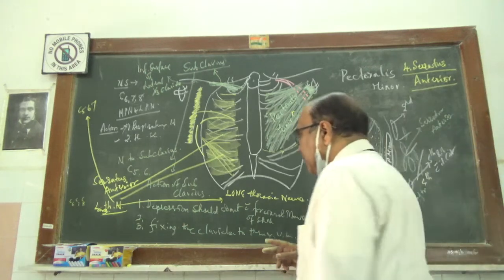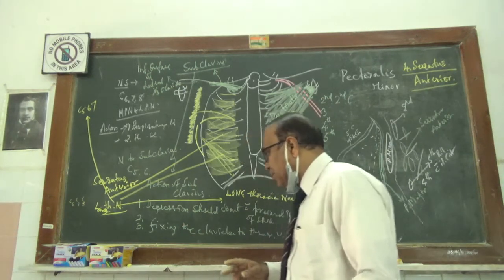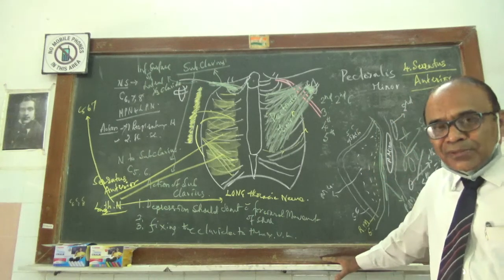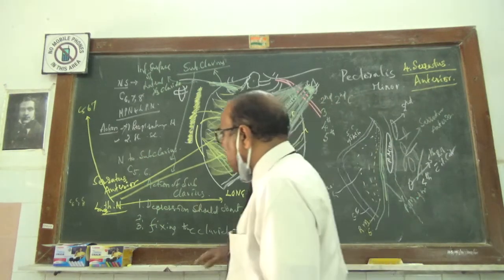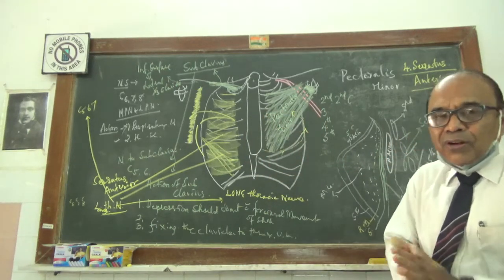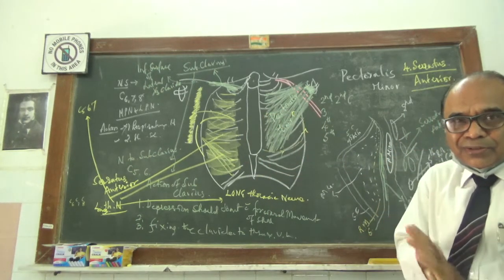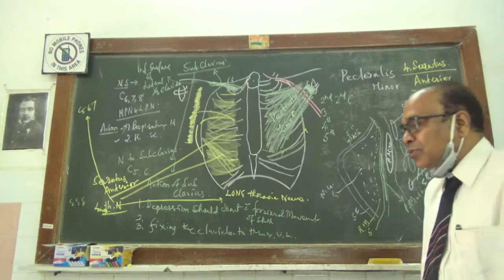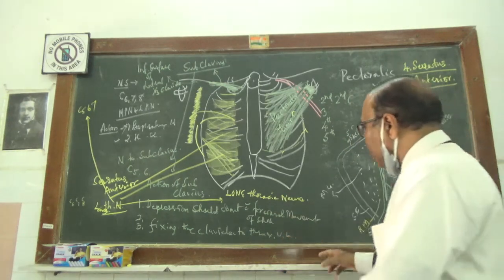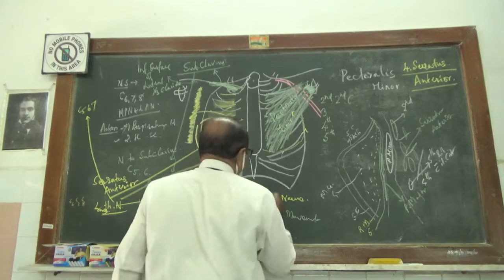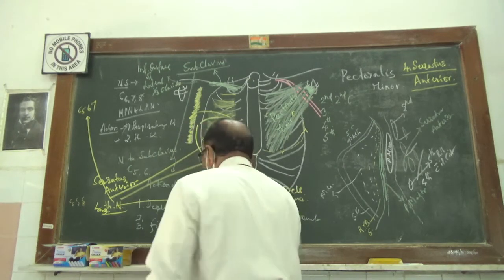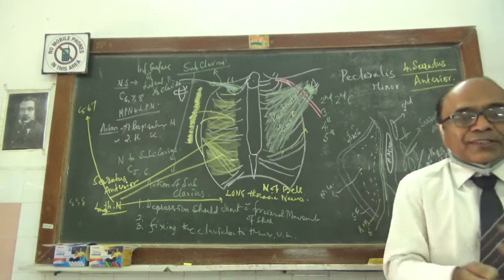For subclavius, you have 5 and 6, nerve to the subclavius. But serratus anterior, you will have the long thoracic nerve coming from the posterior cord of the brachial plexus, having root value 5, 6 and 7. That is called the long thoracic nerve. It is also called the nerve of Bell. Bell was an anatomist.